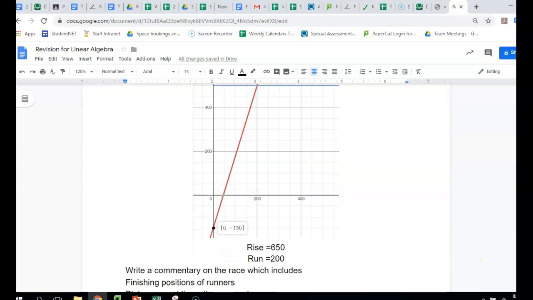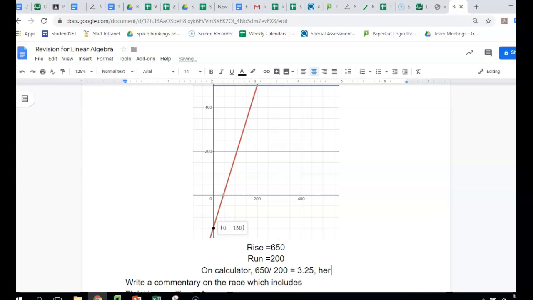Okay, so what we're going to do now is use the calculator. 650 divided by 200 equals 3.25.